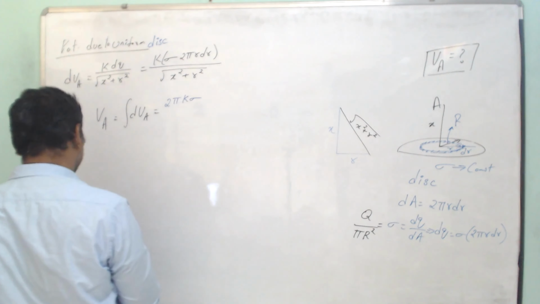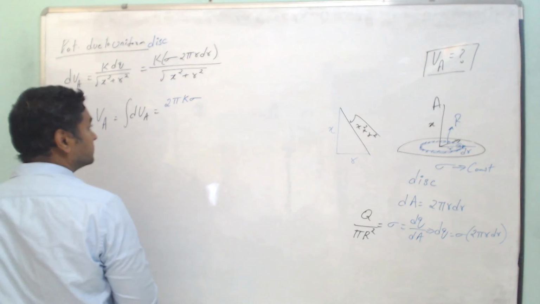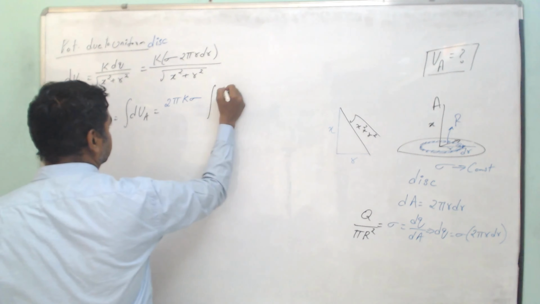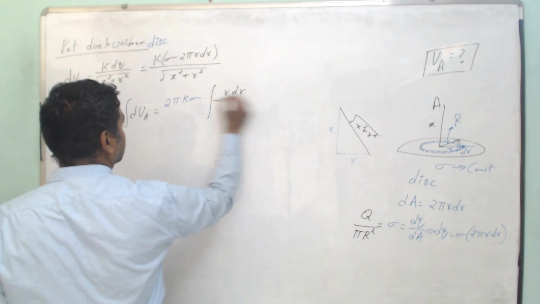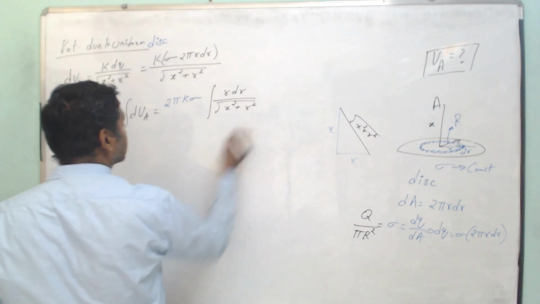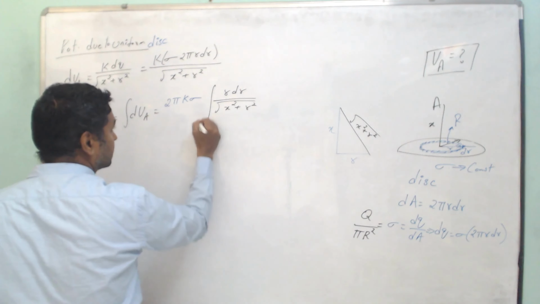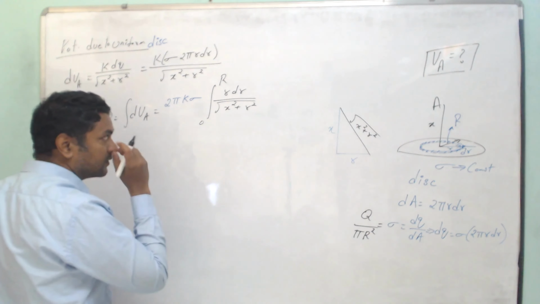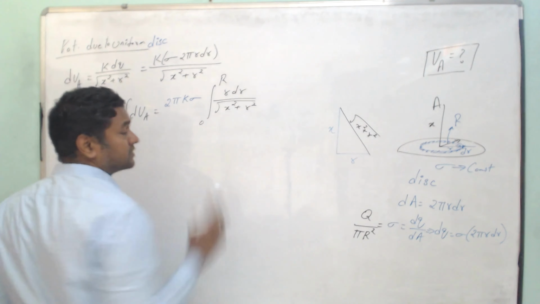Those are constants. Integration of r dr upon square root of x square plus r square. By the way, limits are 0 to R.